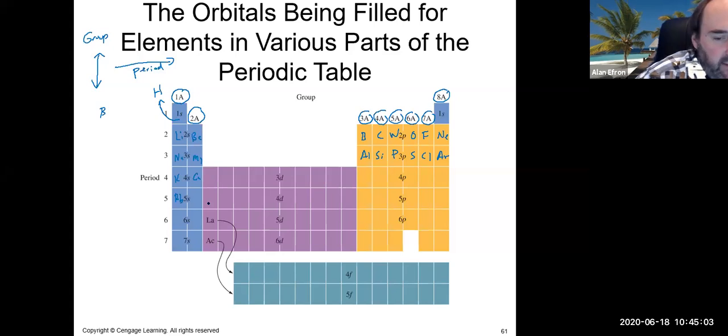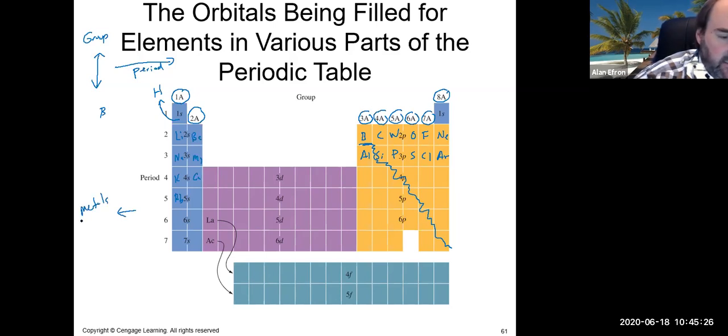Now, the periodic table is broken into several sections. Usually right around here, coming through here, is a staircase, and on a lot of periodic tables it is delineated. Everything to the left of that staircase are what are known as metals.